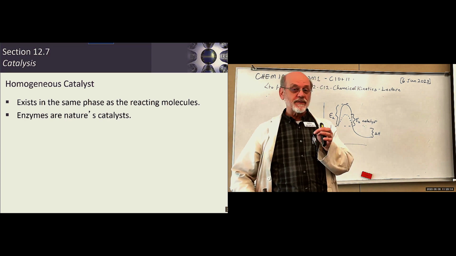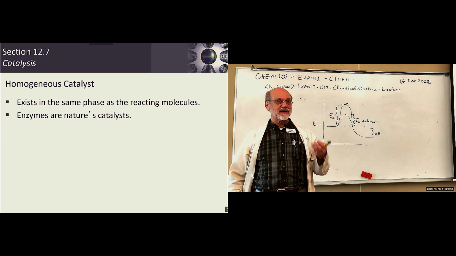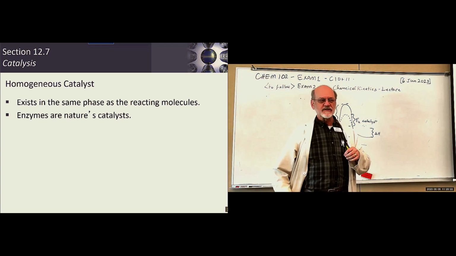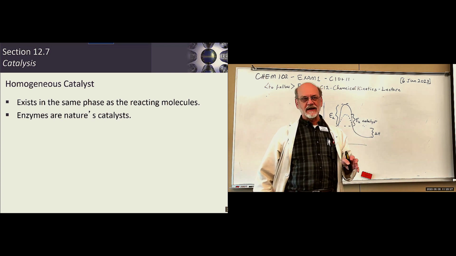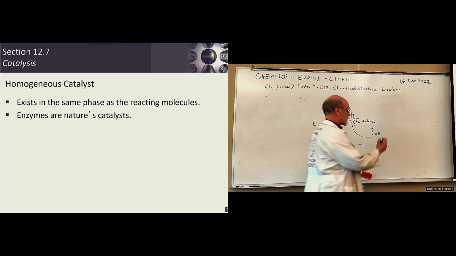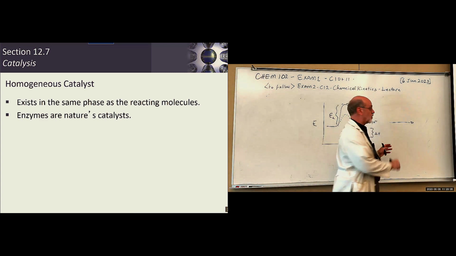Well, this also happens in cells. Right? Enzymes are biological catalysts. Right? That's an oversimplified version. Enzymes are far, far more complex than inorganic catalysts. Enzymes usually catalyze reactions in one direction only, whereas inorganic catalysts will go both directions.